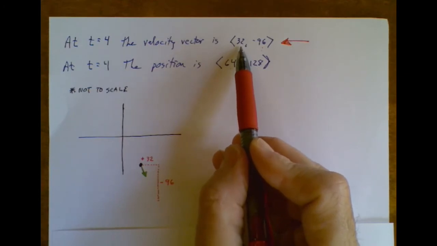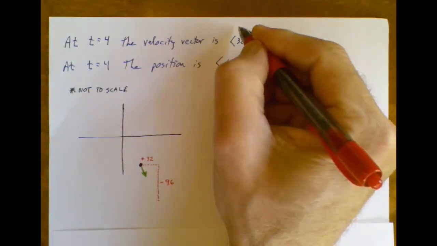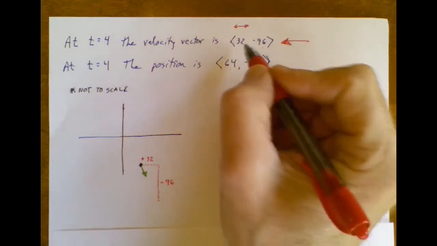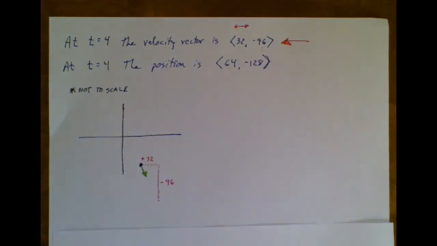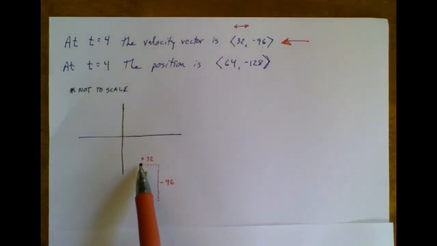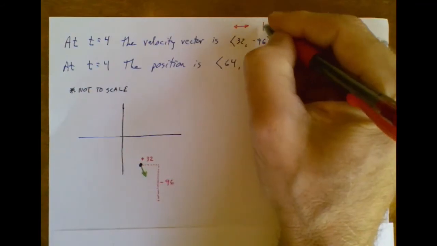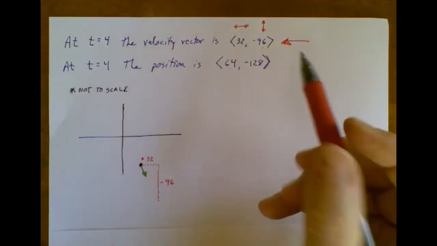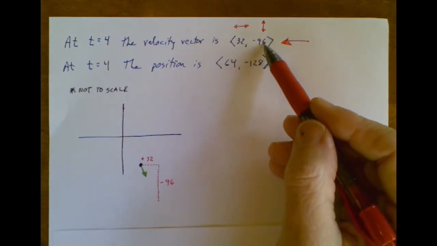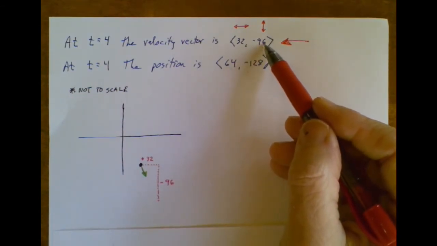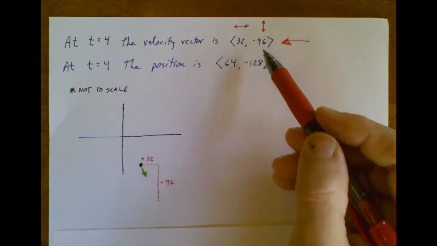This part is the component of travel that relates to the left and right because it's the x part of your velocity vector. So that means if my particle was right here, its velocity influence is 32 units to the right at that instant. But the horizontal component of travel must also be combined with the vertical component of travel.